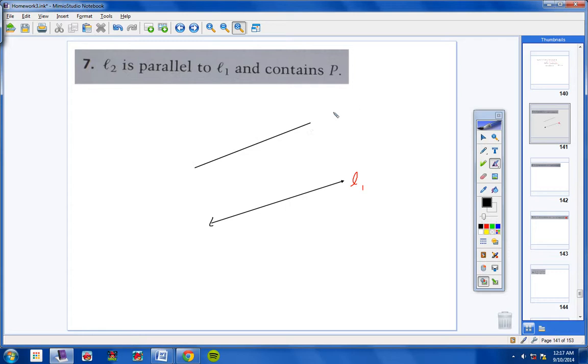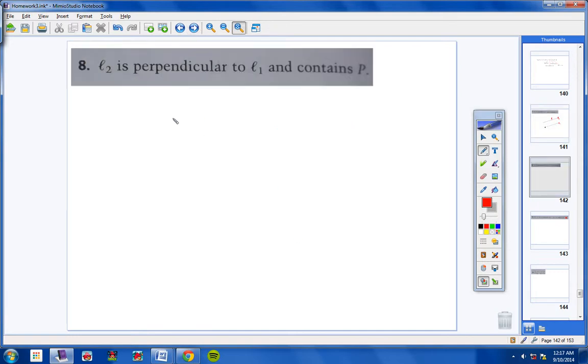Hopefully it's parallel. Doesn't look very parallel to me. Let's try it again. Decent enough. And we will call this line 2, and it's supposed to contain point P. Piece of cake. Moving on to number 8.